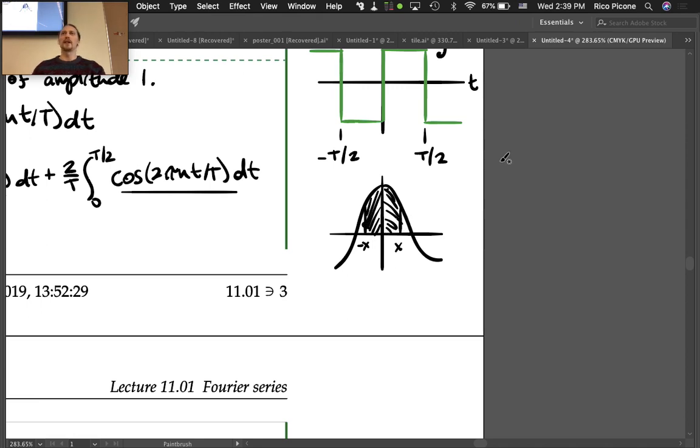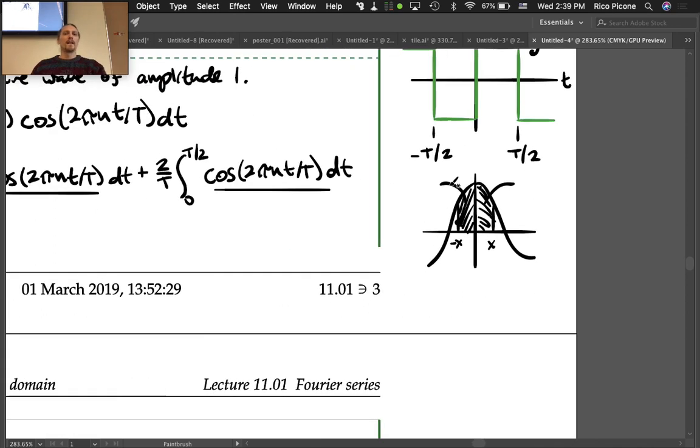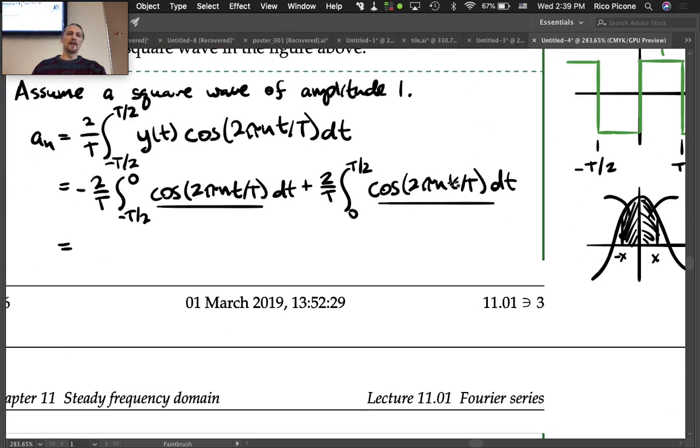It's symmetric, right? So this area here equals that area there every time. So these two integrals will be equal to each other, and their coefficients here are equal to each other, but with opposite sign. What will this be equal to? 0. Good.